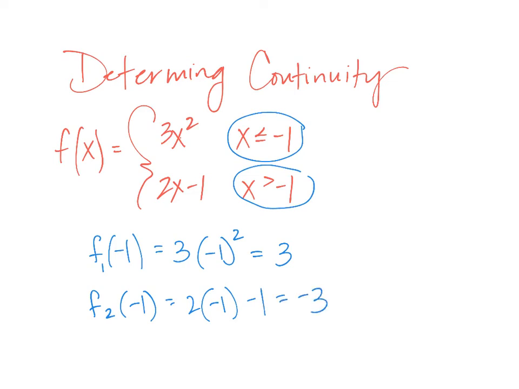Now, I purposely did this as a reminder. Be careful when you're squaring that negative, that it's positive. Also, if you're typing it into your calculator, make sure you put the parentheses around that negative number so it gives you an accurate value. Therefore, since these two are different, this function is not continuous at x equals -1.